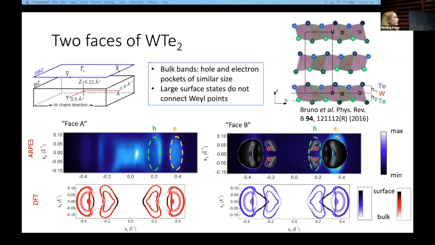So these are DFT calculations, slab calculations, obviously, because we're interested in surface states. And in all of the calculations I'll show, darker colors indicate a more surface-like band, and lighter colors indicate a more bulk-like band. These calculations reproduce the fact that one of the faces has these surface states between the electron and hole-like pockets, and the other one does not.